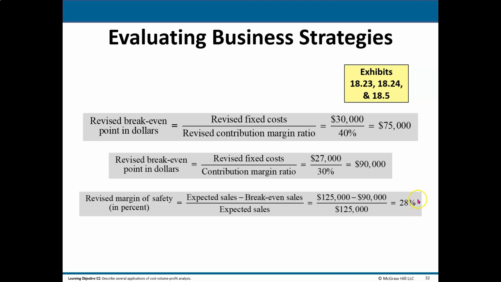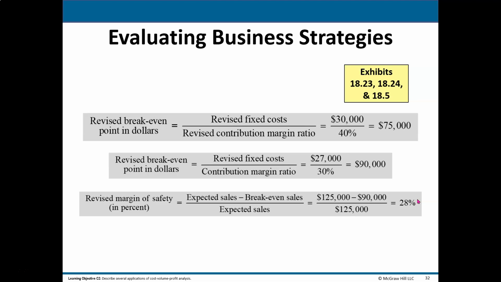So the margin of safety, remember, is the cushion that we have above the break-even point at which we can lose sales before we start losing income. So my margin of safety has increased as well, and this is good.